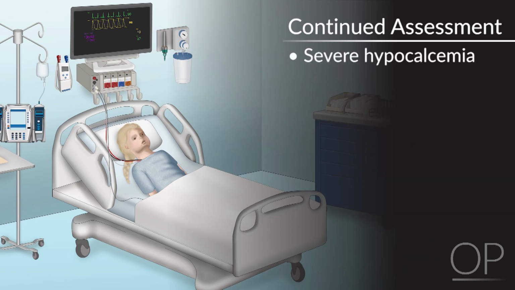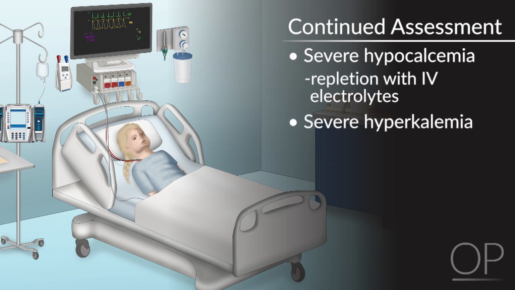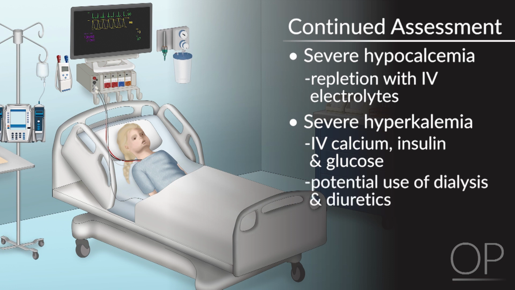If the patient has severe hypocalcemia, as evident by a low ionized calcium, then repletion with IV electrolytes is needed. For patients with severe hyperkalemia, treatment with IV calcium, insulin, and glucose are your more immediate therapies, with potential use of dialysis and diuretics to enhance potassium removal as your next set of immediate therapies.